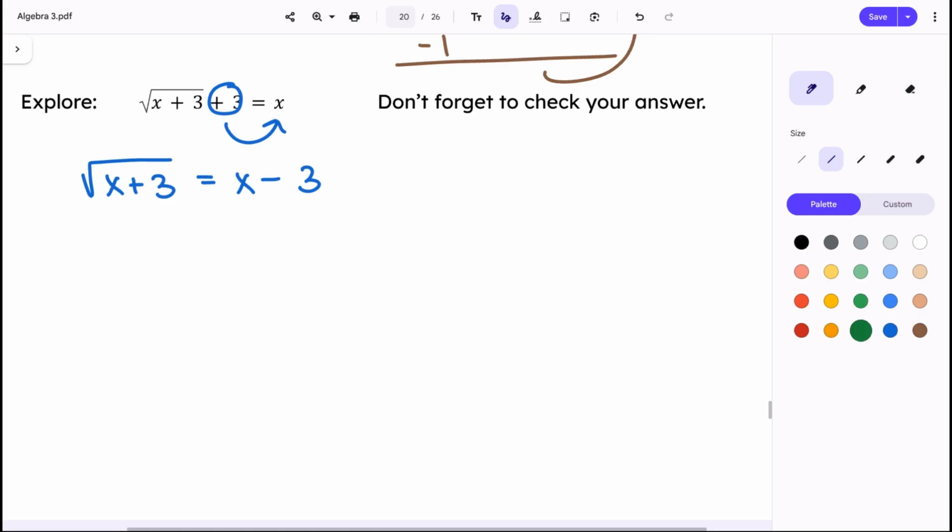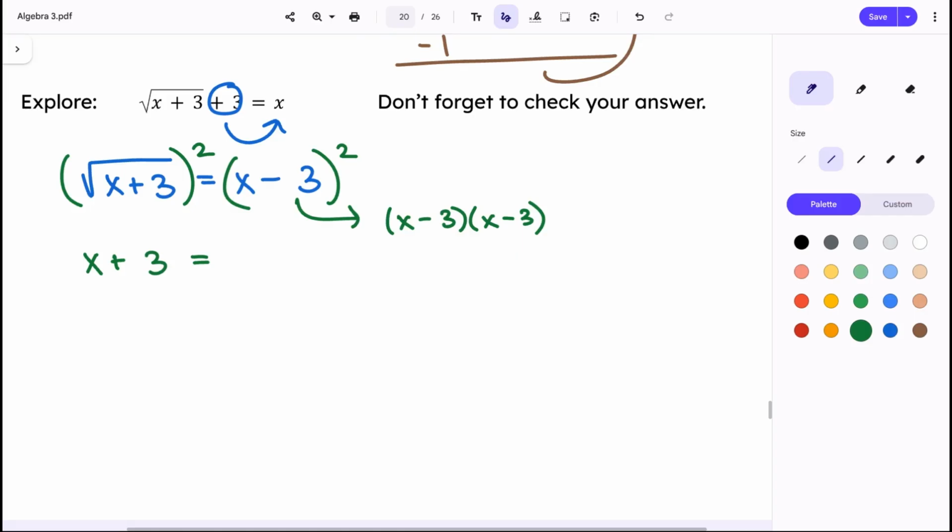Okay, now what I want to do is square both sides so that I can get rid of the square root sign. So what happens on the left? Cancels out, and I just have x plus 3. Now be careful on the right side. This is really x minus 3 times x minus 3.